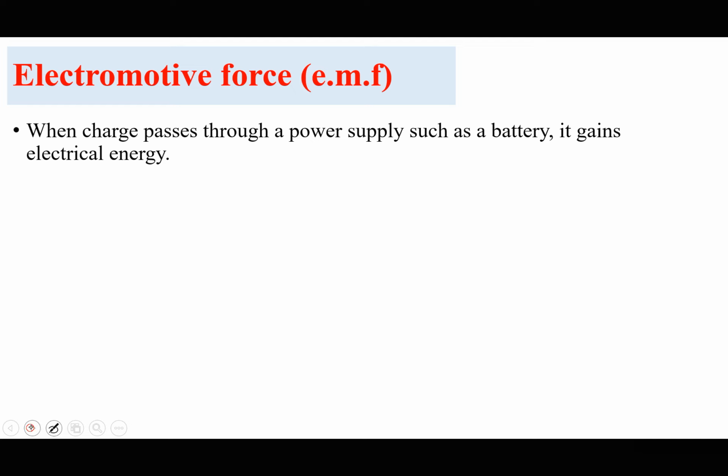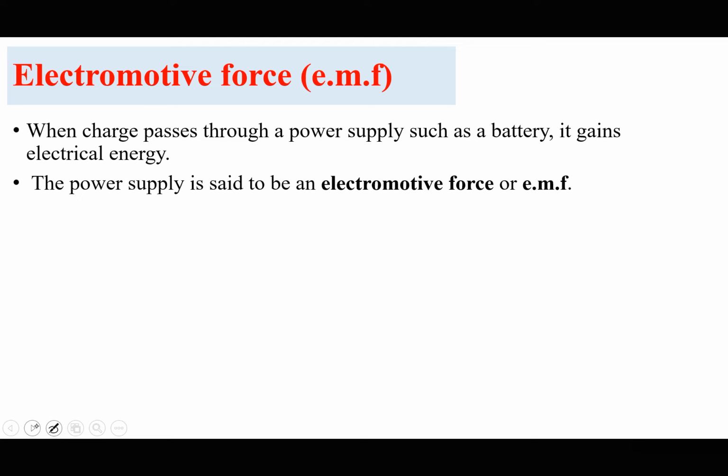So the power supply, therefore, is said to be an electromotive force, or the EMF. Some people write this as electromagnetic force. Just write EMF if you're not sure. So the power supply is the EMF, or is said to be the electromotive force.